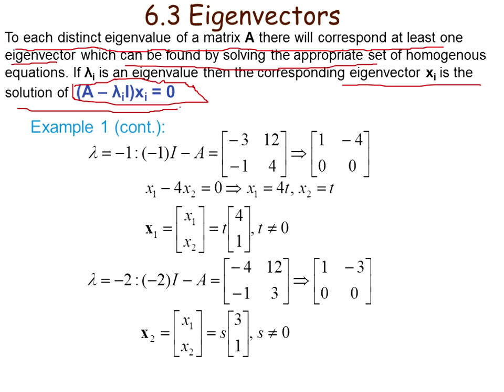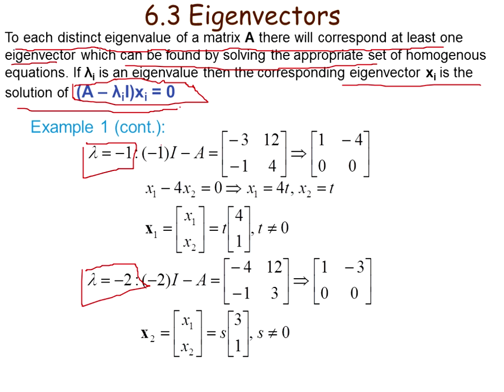From the beginning, we have two eigenvalues: lambda is equal to -1, one eigenvalue from the previous slide, and lambda is equal to -2. Now, corresponding to the eigenvalue lambda is equal to -1, we have to find the eigenvectors.